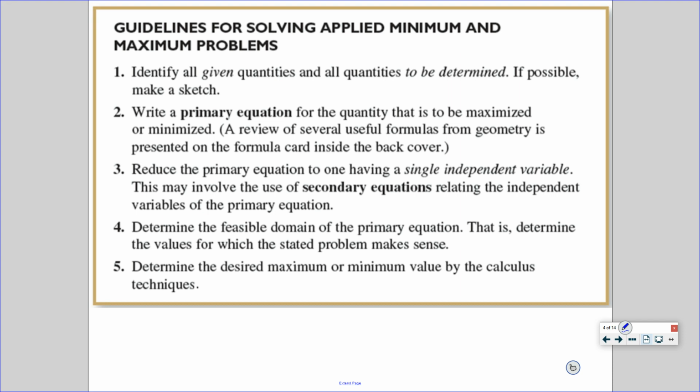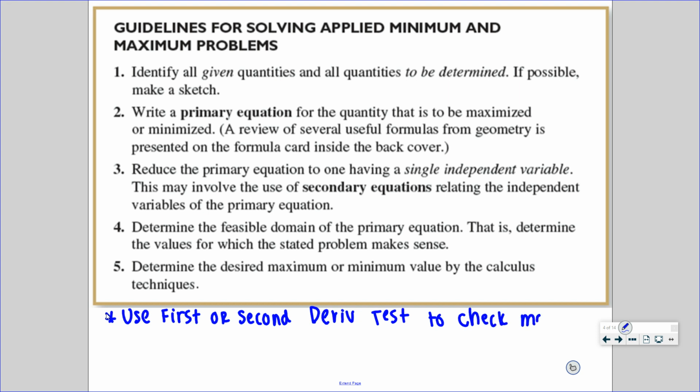So we could use either the first or second derivative test to check if they're maxes or mins. Because sometimes, guys, critical points don't always mean a max or min, right?